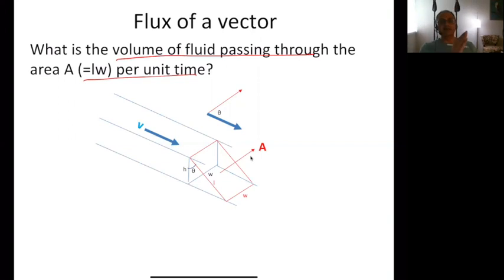I know the velocity with which the fluid is moving. I want to find out what is the volume of fluid that is crossing this red surface every second. Everybody understand the question? Okay, so how would I answer this question? Well, the first thing you notice is that the amount of fluid that's crossing the red area will be exactly equal to the amount of fluid that's crossing this perpendicular area. Let's call this area A perpendicular.